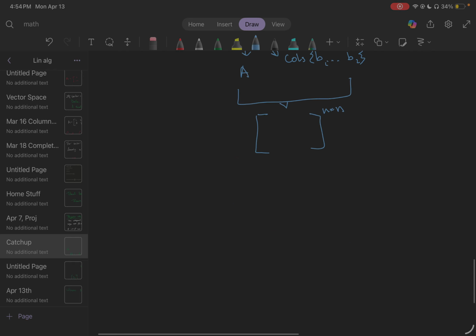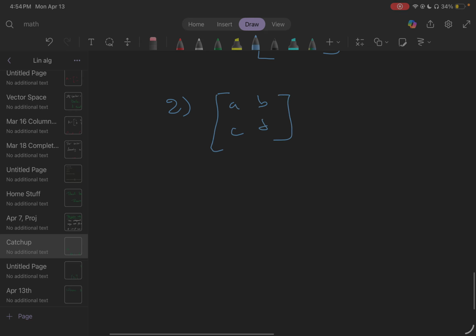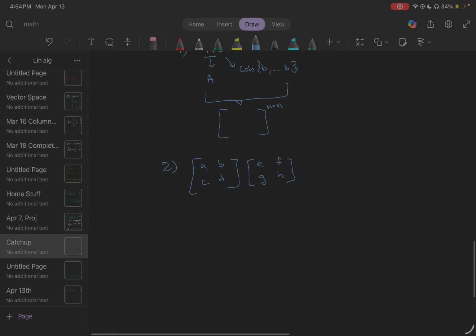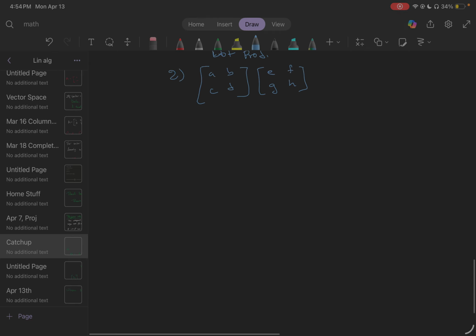Okay, 2, for dot products, for each element that we're creating, for example, if we're going to the top left element, we take the first row and the first column.